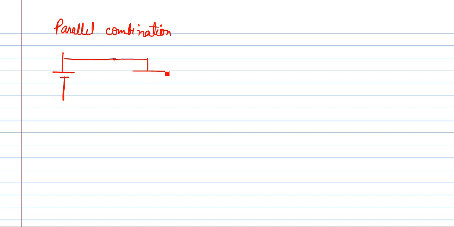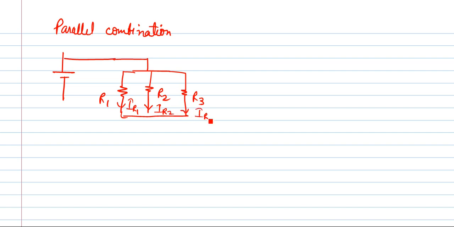Here three resistances are connected in parallel. The first resistance value is R1, the second is R2, the third is R3. Let's take the current flowing across R1 as IR1, the current flowing across R2 as IR2, and the current flowing across R3 as IR3. This is the parallel combination of the circuit.